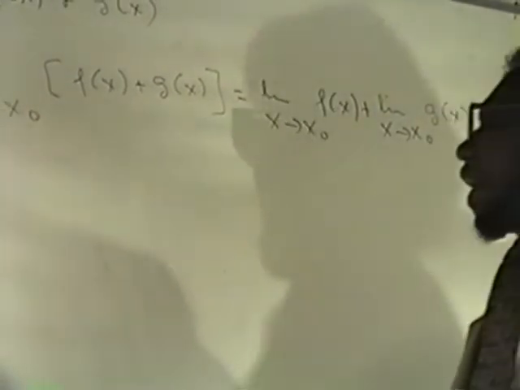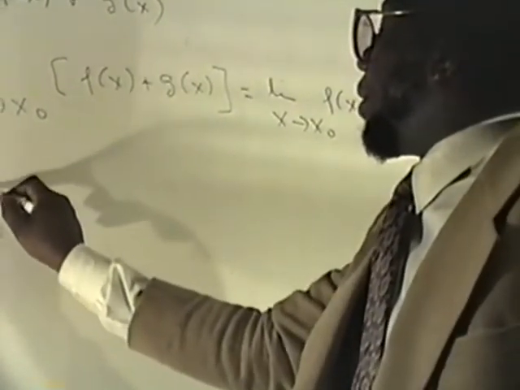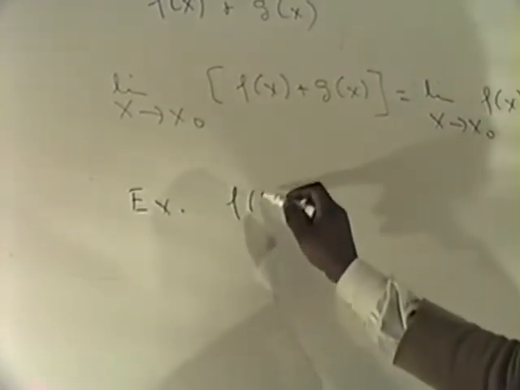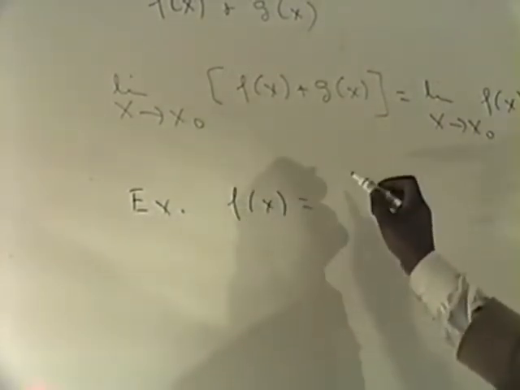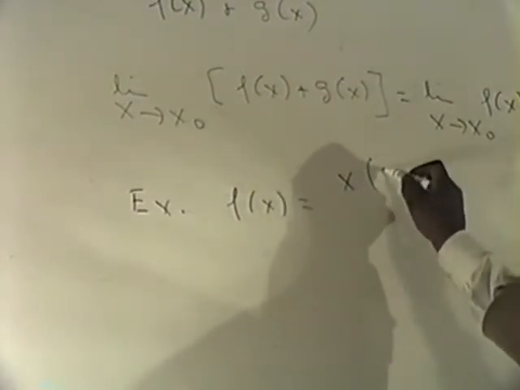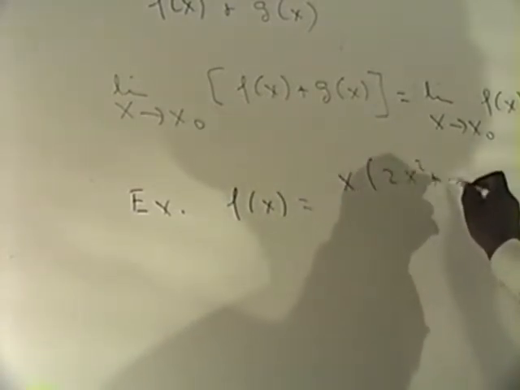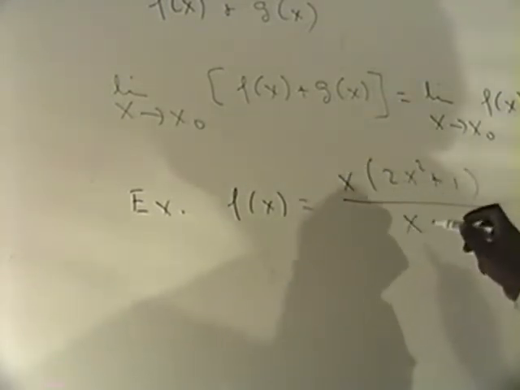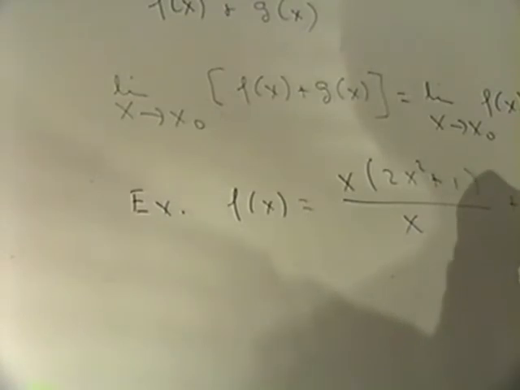As an example, suppose we have f of x is equal to x times 2x squared plus 1 divided by x plus 3x squared.